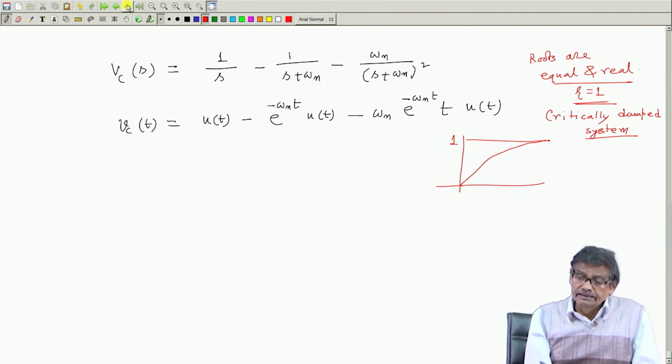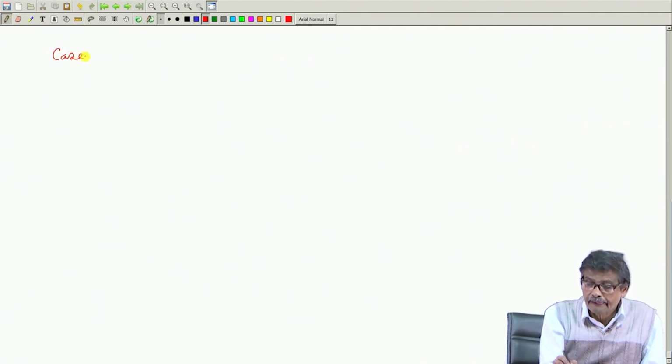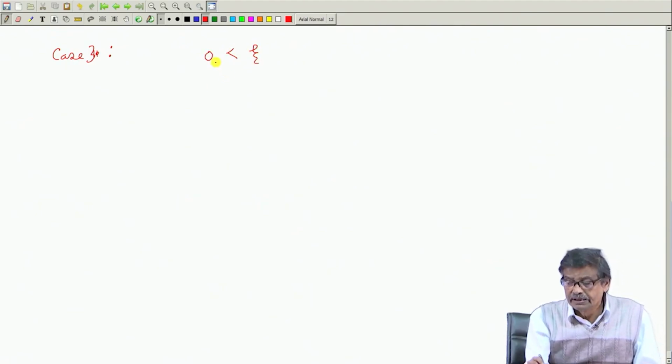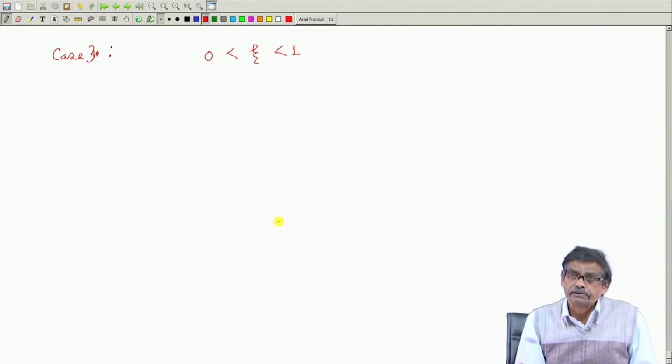Achha, now the last case, that is case 3. When zeta is present, but its value is neither equal to 0 nor equal to 1, but in between, that is, zeta is a number less than 1.